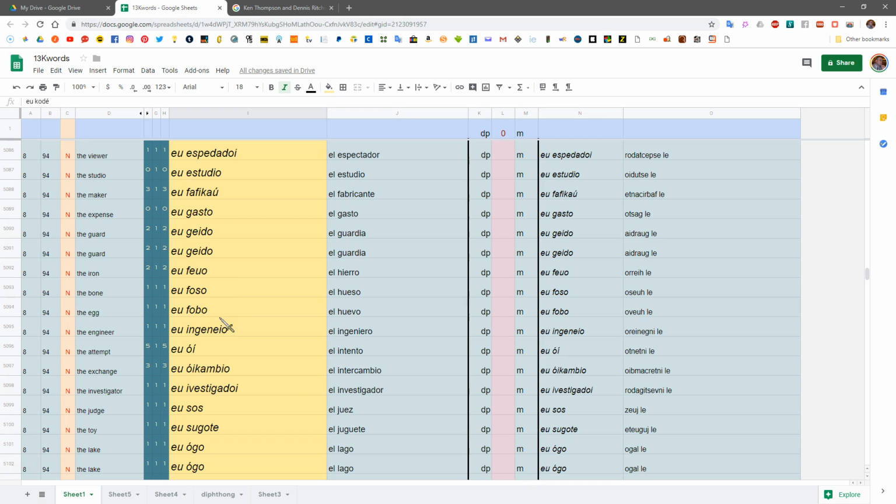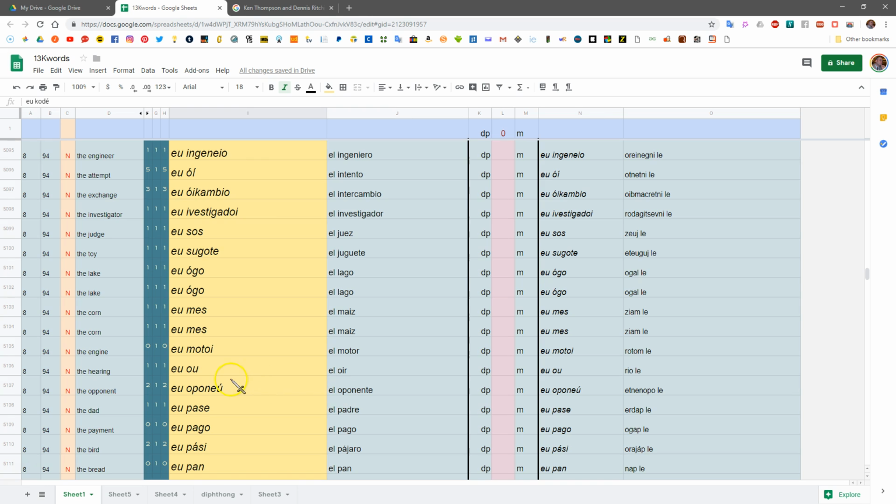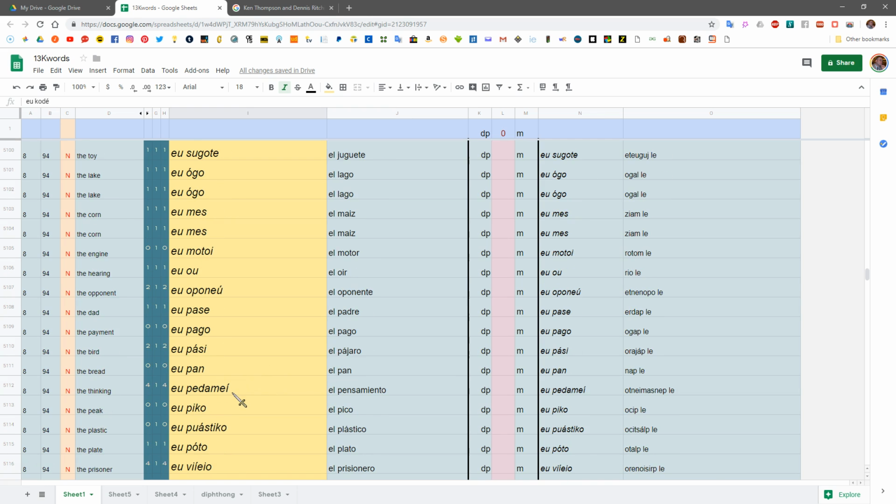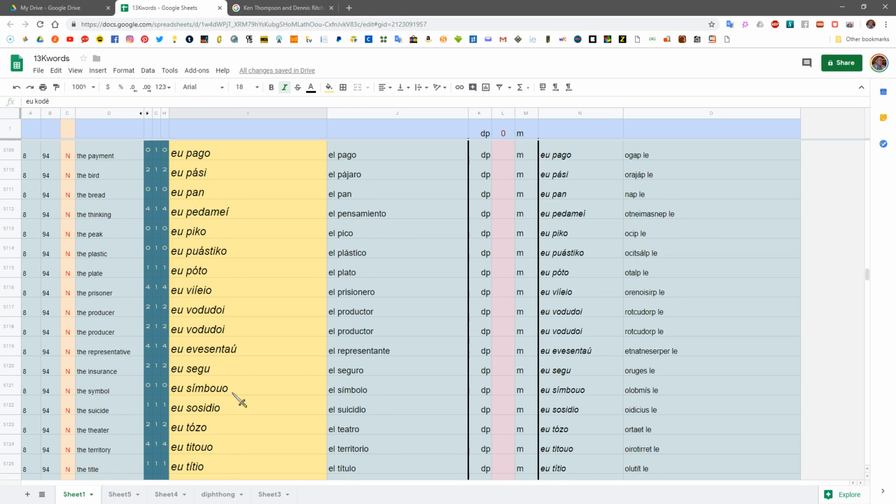Huevo is fobo. Egg is fobo. Attempt is eoi. Intento. El intento. Exchange is cambio. Intercambio. Opineo. Centavo. I like represent. El representante is el representado.